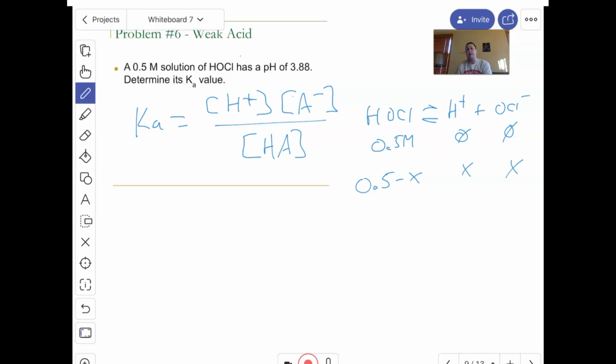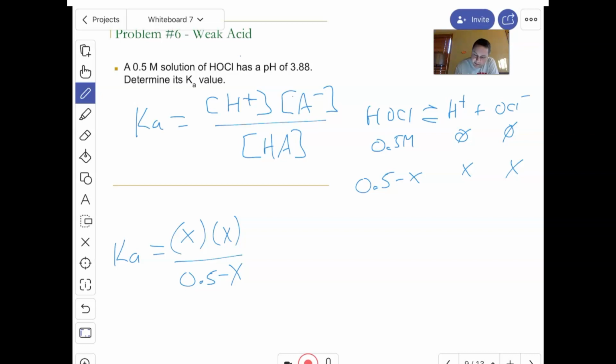That's what it would look like at equilibrium, and I could plug in those values here. Ka equals x for H plus, x for A minus, which in that case is OCl minus, over HA, which would be HOCl, 0.5 minus x. You could try to make the assumption about the 0.5 minus x, but I don't know why you would, because we're going to know what x is in a second.